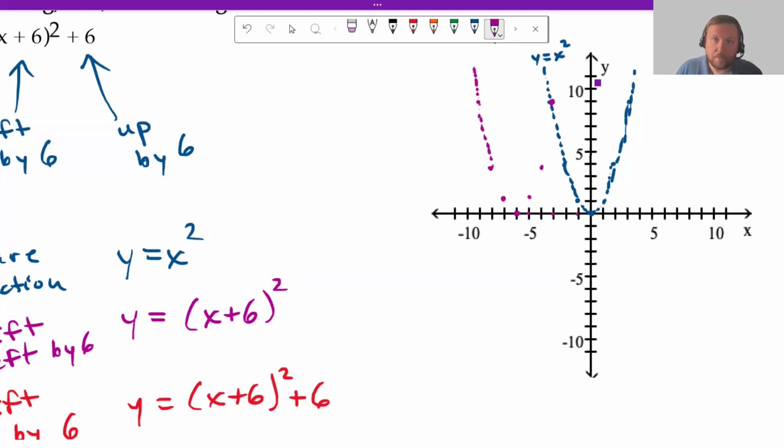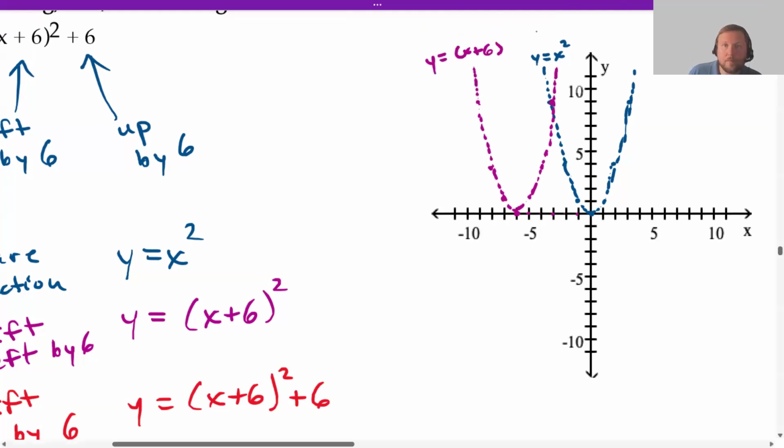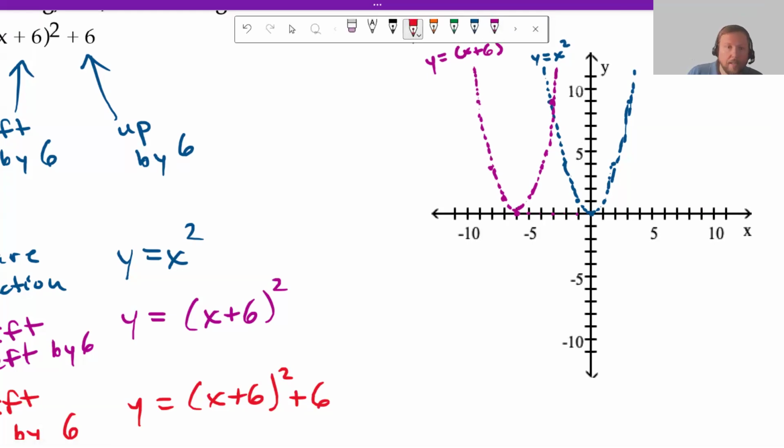There's our new, or at least our second one. Okay, and then last, so this is y equals x plus 6 squared. And then we're shifting each one of those up 6 places.